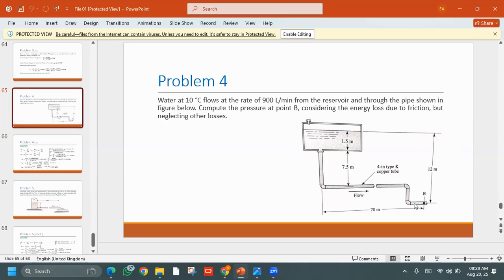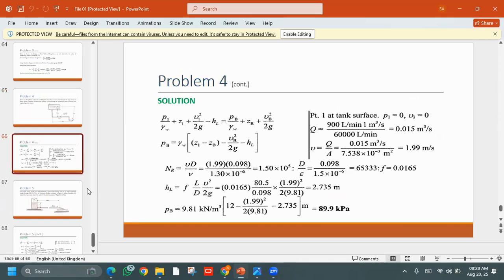So what will be the height of this pipe? 12 minus 9 equals 3 meters. So the value of this vertical pipe equals 3 meters. So the total length of that pipe will be 70 plus 3 plus 7.5 equals 80.5 meters.